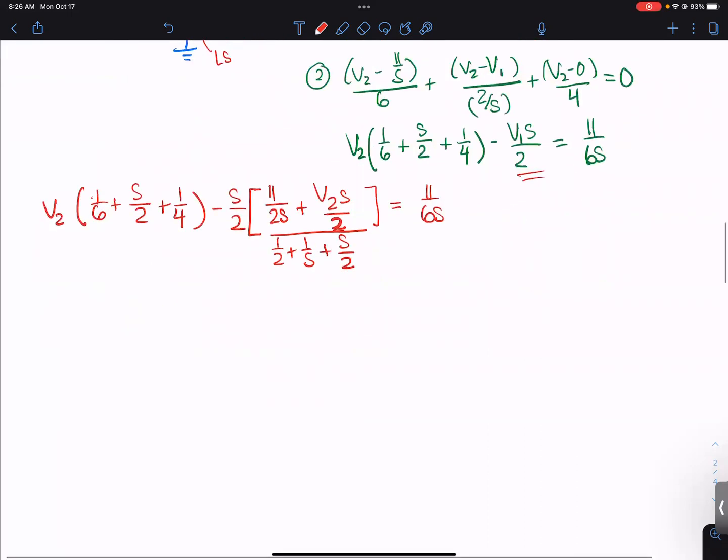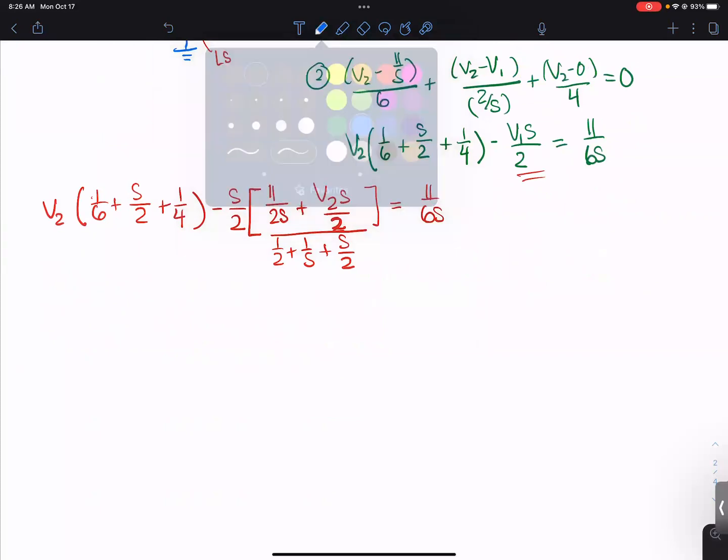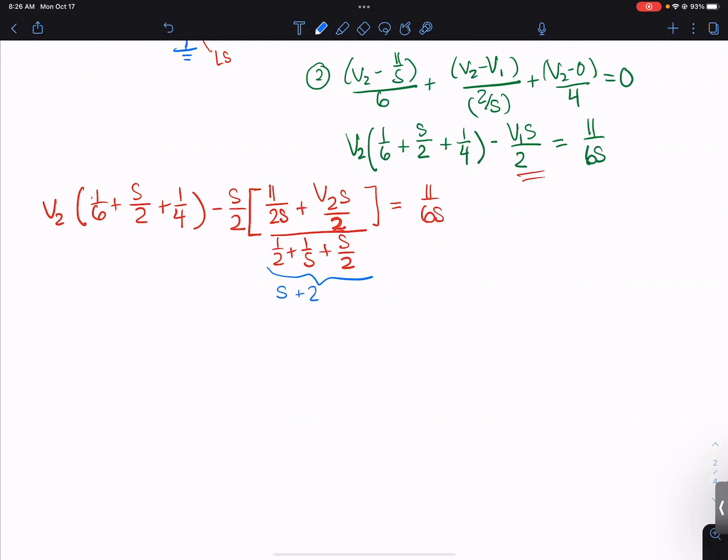And now I have one equation with one unknown. I'm going to try to simplify this as one common denominator. So this becomes S plus 2 plus S squared all over 2S. And then I can invert that.